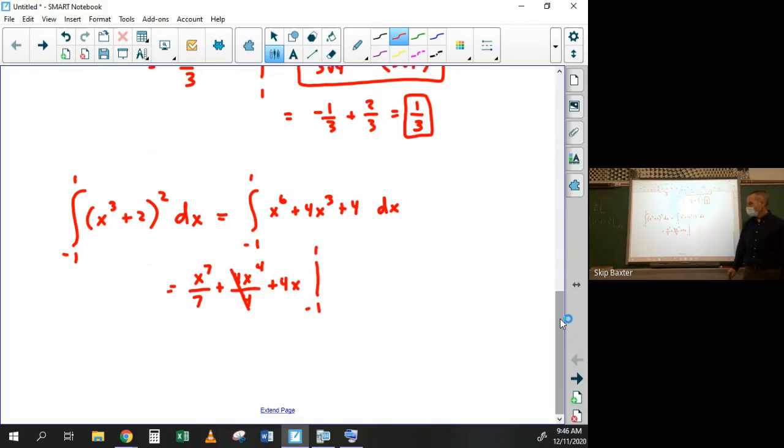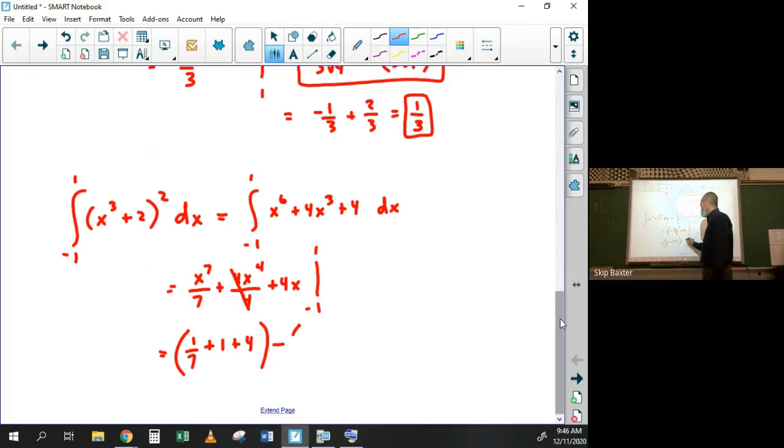Those 4's cancel, so that makes it a little easier. And again, I'm going to take Bella's advice and not simplify this whole thing, but it's going to be 1/7 plus 1 plus 4 minus -1/7 plus 1 minus 4.